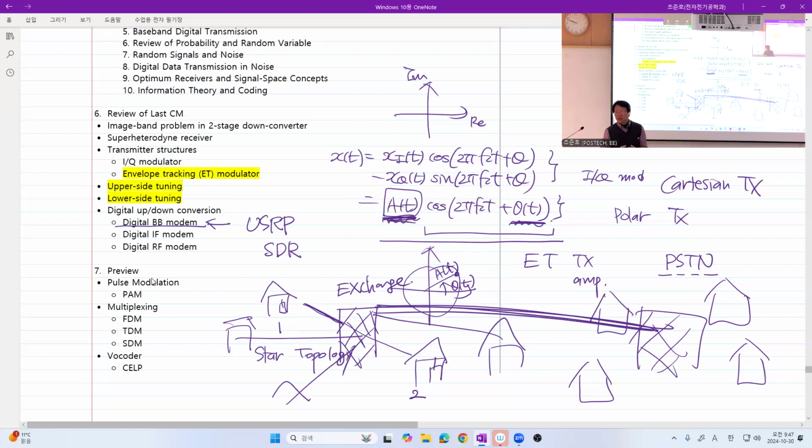And saving the number of wires was a very important thing. For example, suppose you have an apartment. At that time there was no such high apartment, but there are, for example, 50 homes. Do we need 50 paired lines? It's a waste of copper, right? So what do we do?